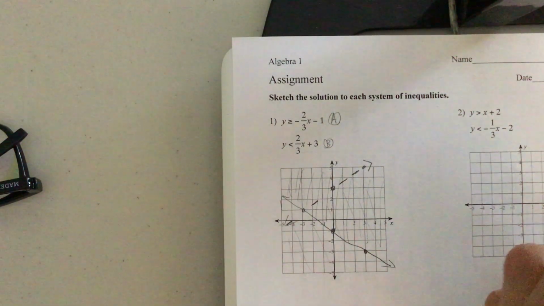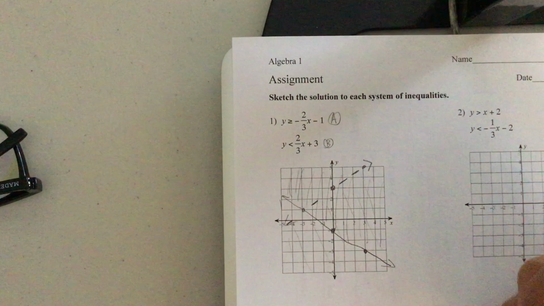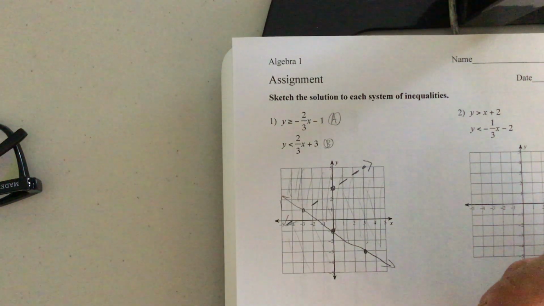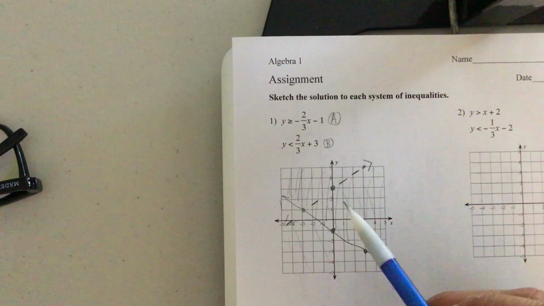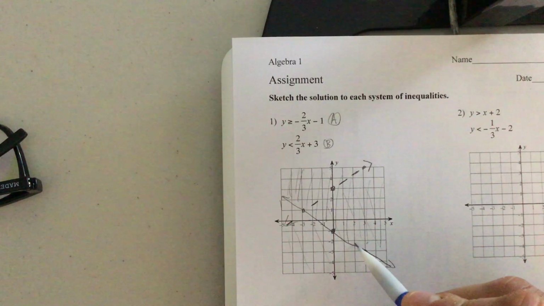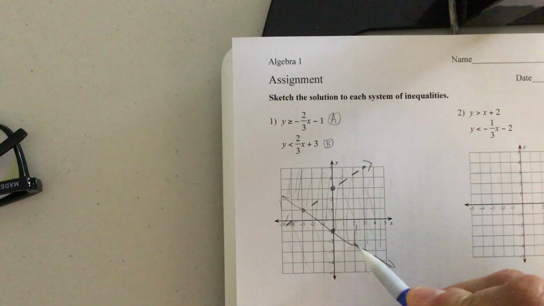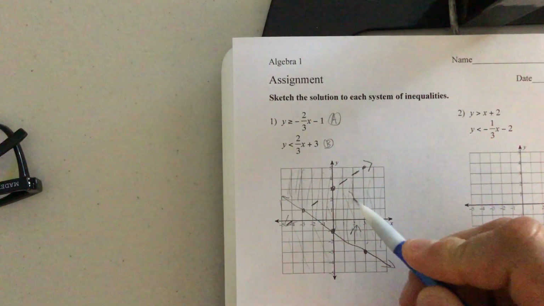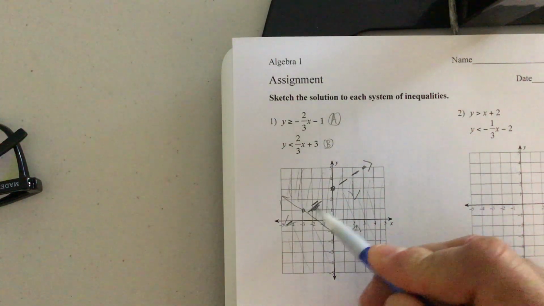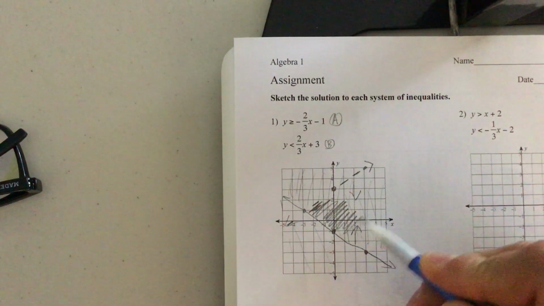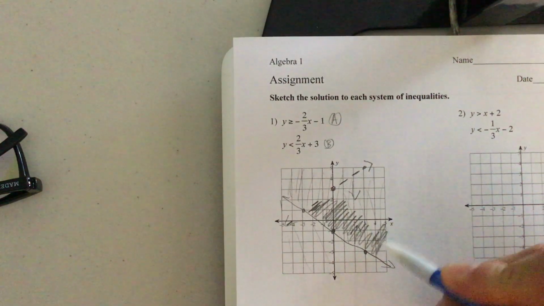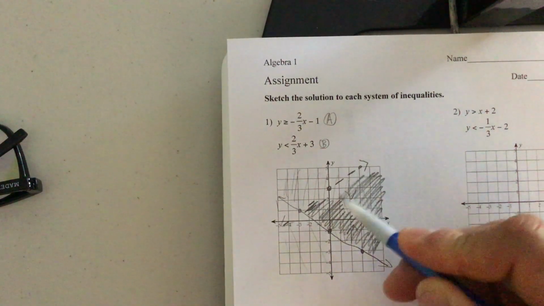Now the solutions to the system are what's overlapped in shading. We were above this line, but we were below this line. That means the true solution set is right in here.